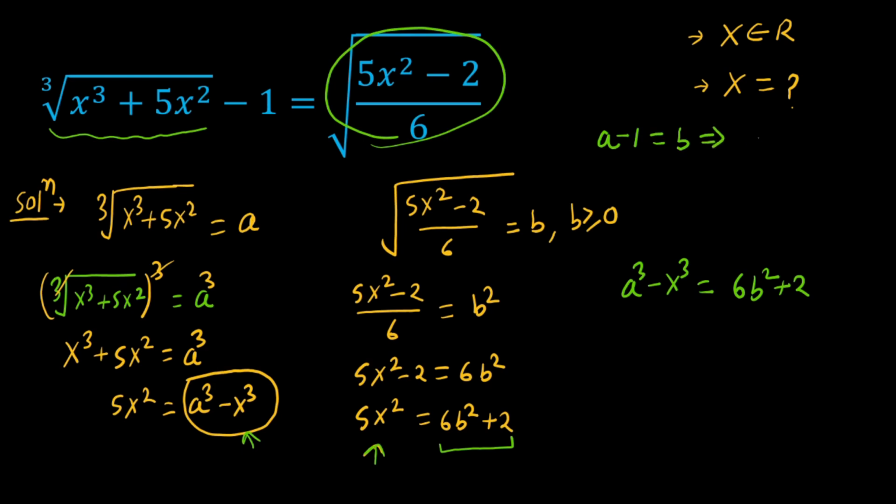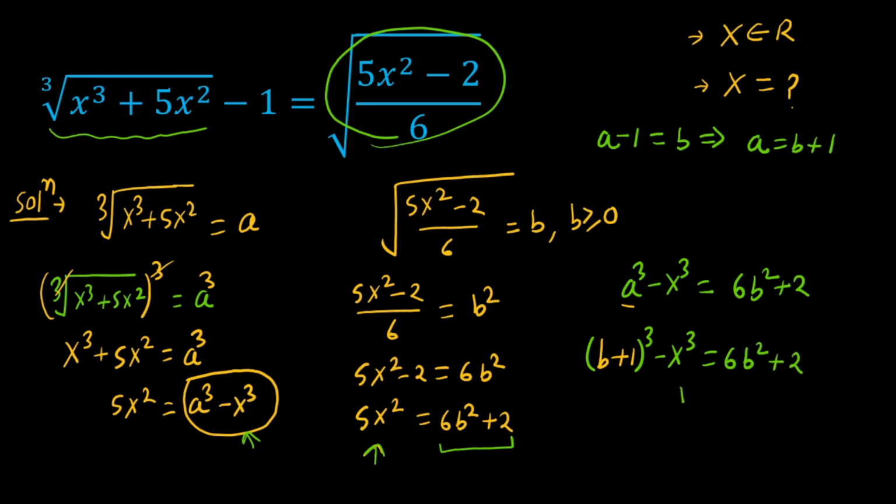This implies the value of a is b + 1. Now a is replaced by b + 1, then (b + 1)^3 - x^3 = 6b^2 + 2.